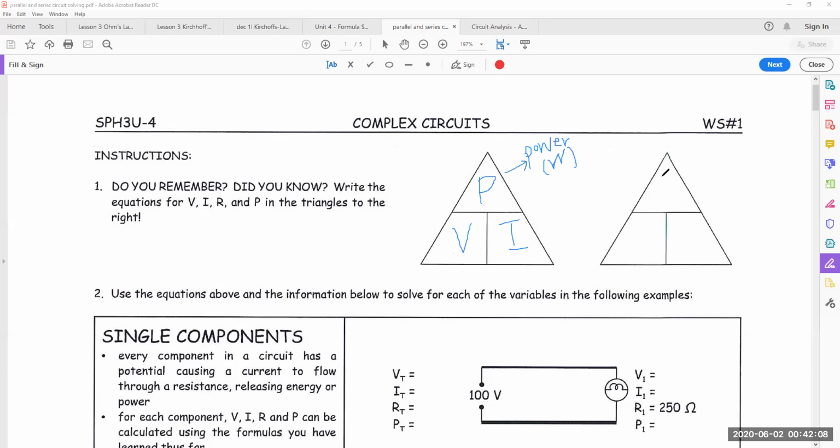The other formula we learned was the Ohm's law, which is basically voltage and current. So Ohm's law says the resistance is equal to V divided by I. And here power says it's equal to voltage multiplied by current.